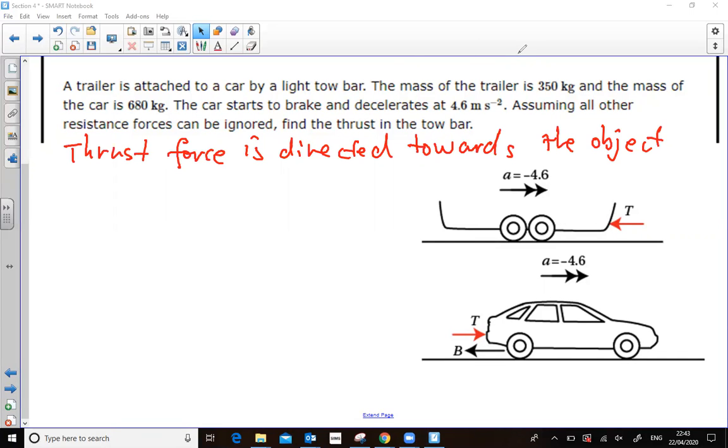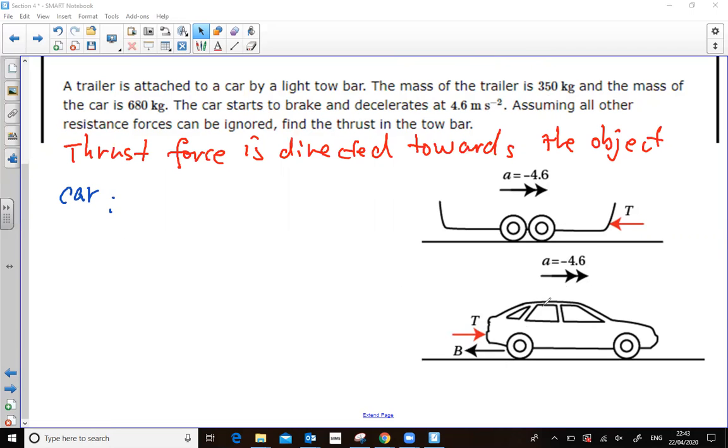Right. So what are we actually looking for? We are looking to find the thrust. Now let's consider all the forces acting on the car and the trailer. So what is going on the car? Well, on the car, we have two forces, the braking force and the thrust.